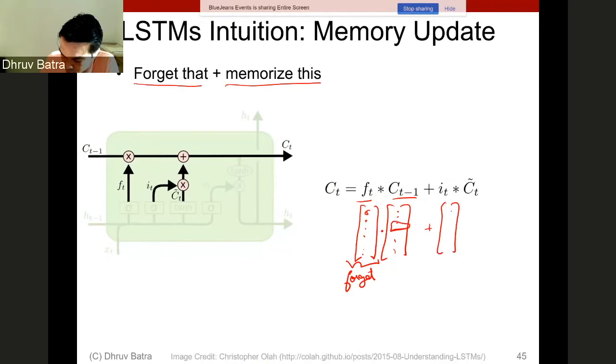And this is the remembering part. So if there's a 1 here and a 0 here, you forget this coordinate and you add in the new candidate c tilde_t value in this coordinate. And so realize that this is a bit over-parameterized. We could have said i_t is 1 minus f_t. We could have just done that, but we have separate things. Those are variants of LSTMs that exist.